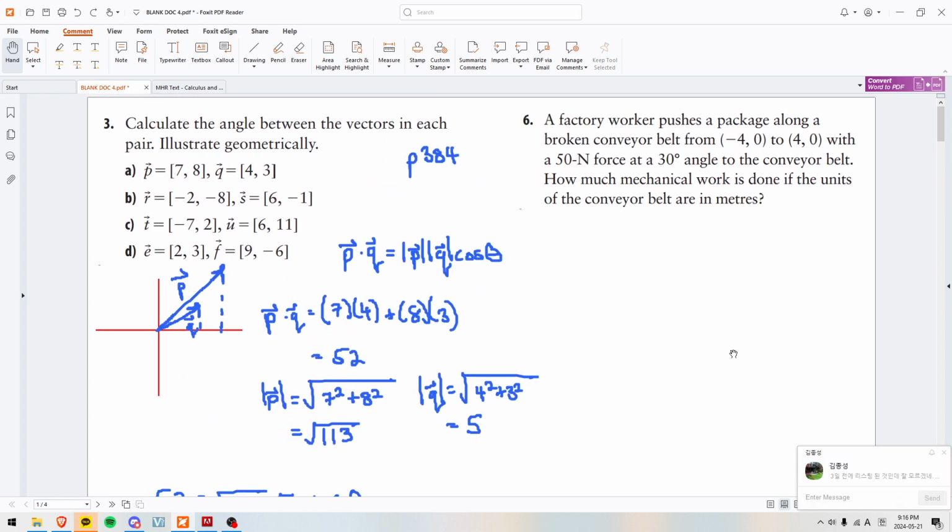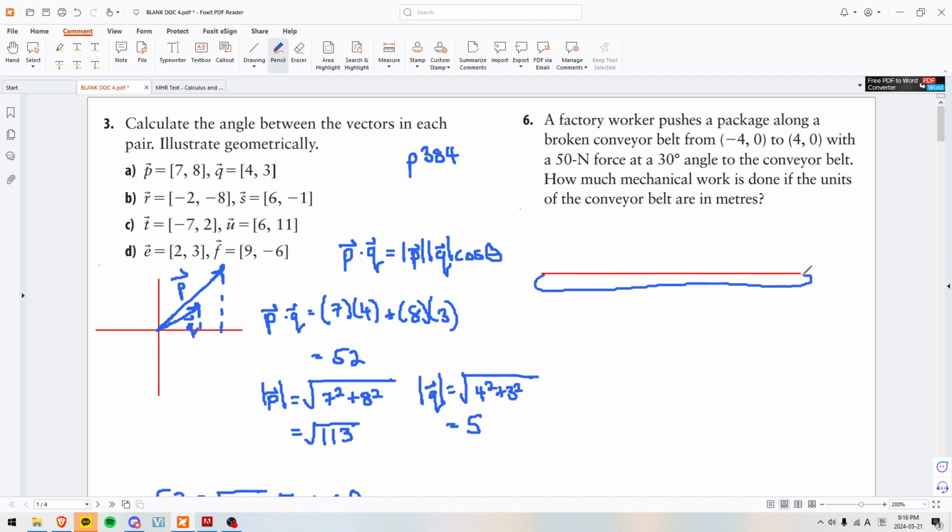A factory worker pushes a package along a broken conveyor belt from (-4, 0) to (4, 0) with a 50 Newton force at a 30-degree angle to the conveyor belt. Okay, let's visualize. Here's a conveyor belt. And you know conveyor belts, right? It's like a factory belt where things are being shipped along.